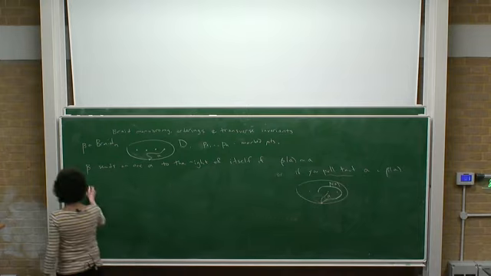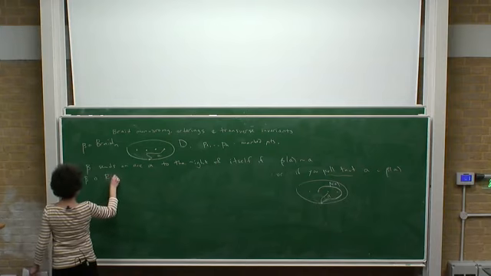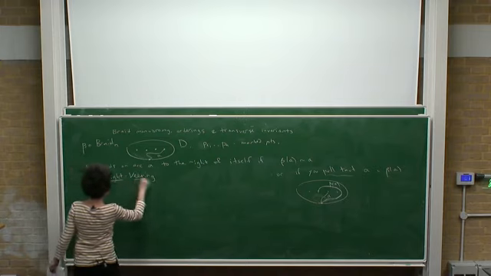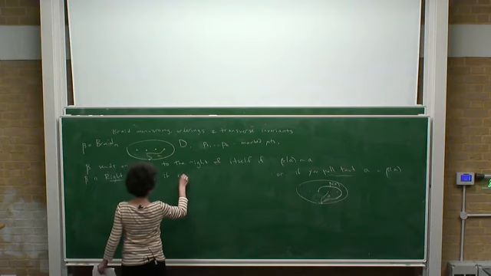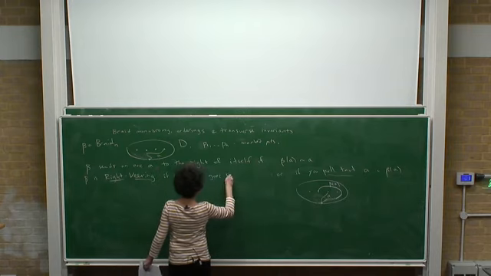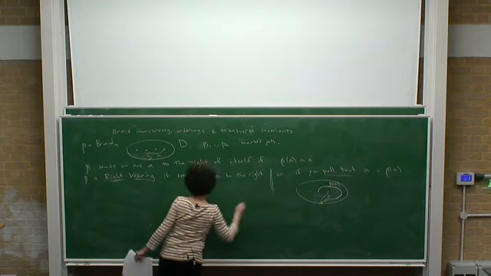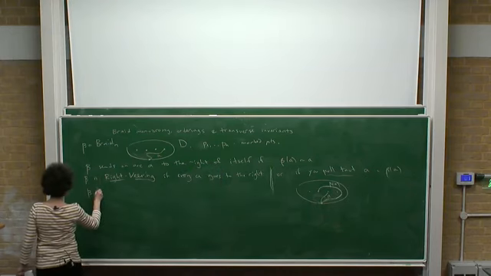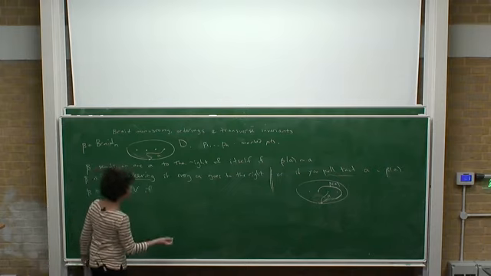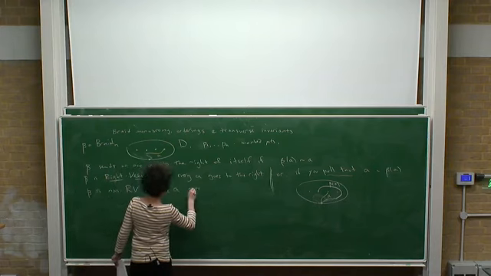And so we say that beta is right veering if every such arc goes to the right of itself, and beta is non-right veering if some arc goes to the left.